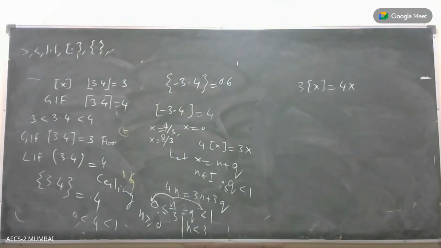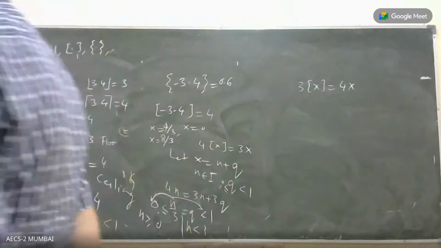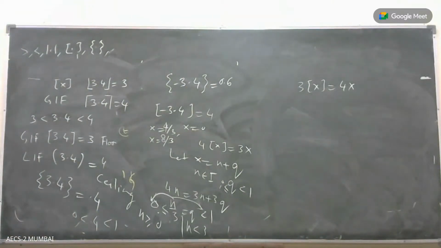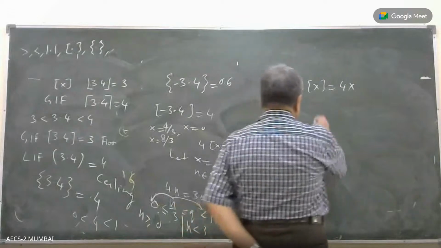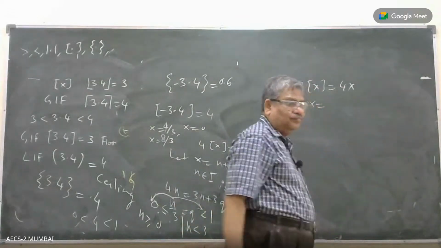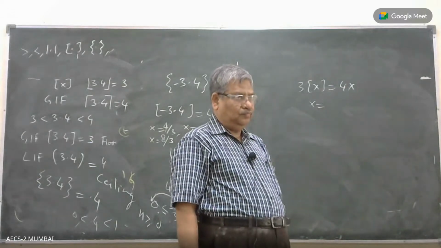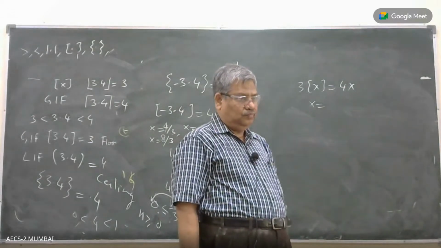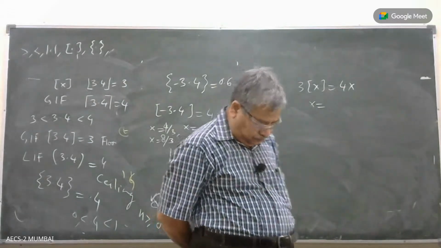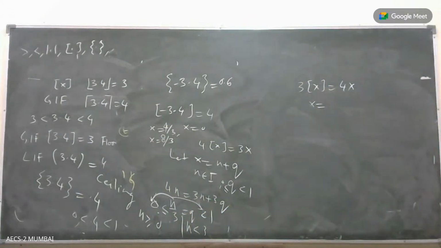How many? 3 solutions? 4 solutions. Very good. What are they? Yeah, tell me. So there will be 4 possible values of n, and then you find the corresponding values of q and add them to get the answer.